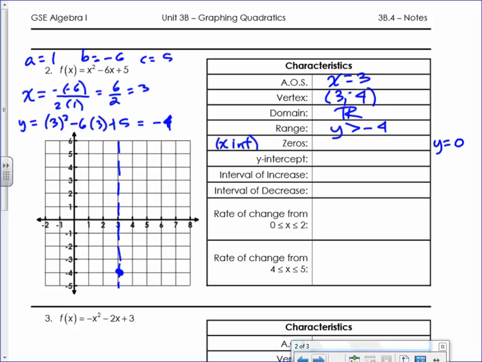So x squared, and then you press second, graph. This is the table.